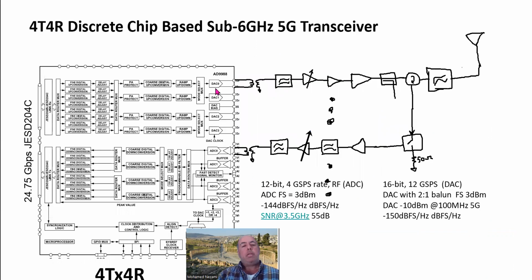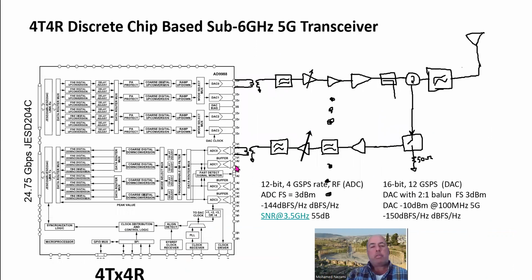Or we could use discrete components from Analog Devices or Texas Instruments. For instance, this one here from Analog Devices is a 4x4, 4 transmit, 4 receive chip, meaning it has 4 DACs, 4 ADCs.